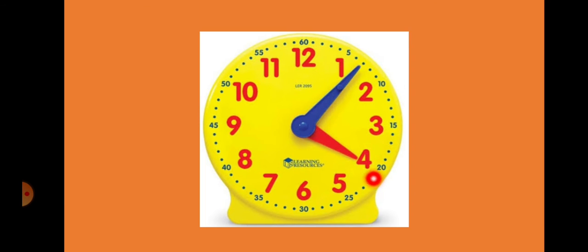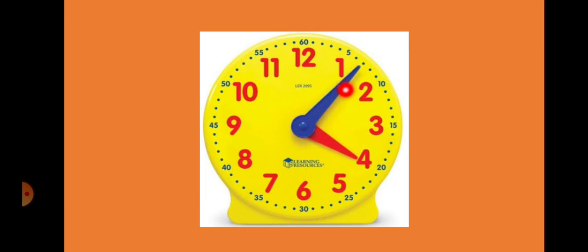But the outside numbers you will not see. So you have to learn these numbers. Okay, 1 means 5, 2 means 10, all 5 table only, 5, 10, 15, 20, 25, like that until 60. Okay, so when this one is at 60, it means 0.